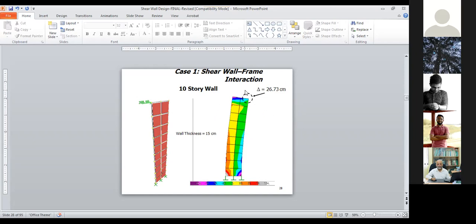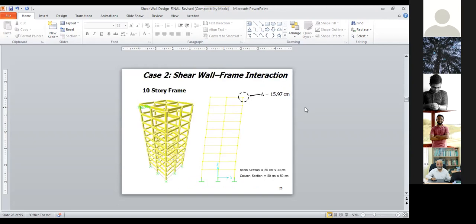If we consider the frame system, with only the wall you have 26.73 centimeters of deformation at the top of the wall. And if we see the 10-story frame system, then you will have 15.97 centimeters.